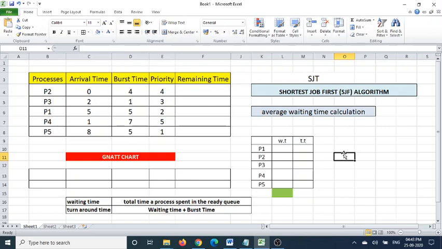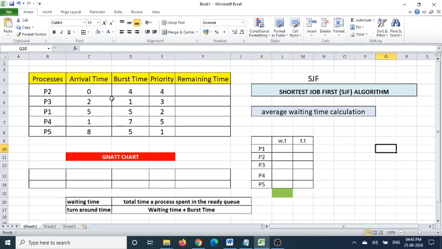So that is called non-preemptive type of scheduling. So shortest job first, which is SJF, it's not SJT, SJF, is usually non-preemptive in nature.